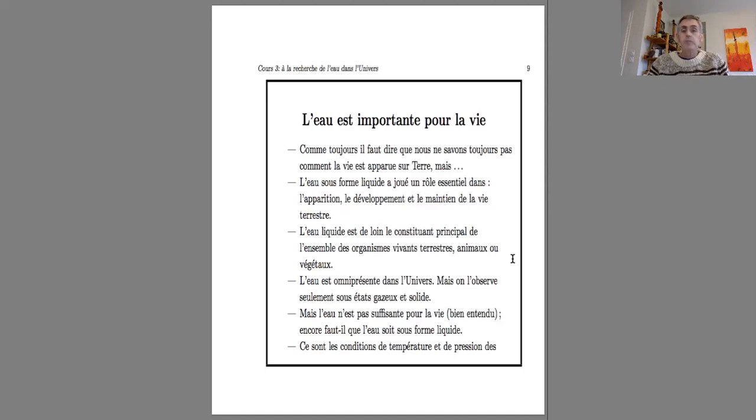Turns out water is present everywhere in the universe. Unfortunately, we only observe it in the gaseous or solid states, but we think life needs water in the liquid form.